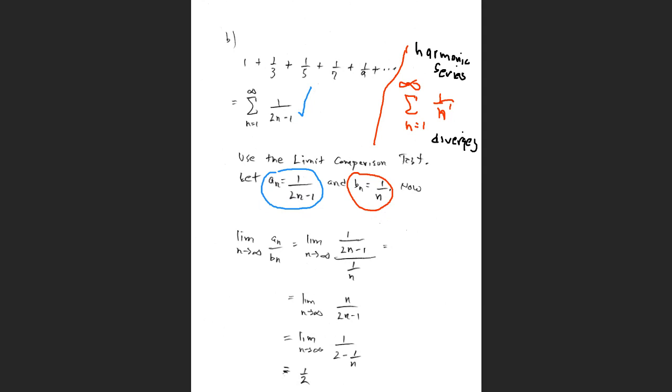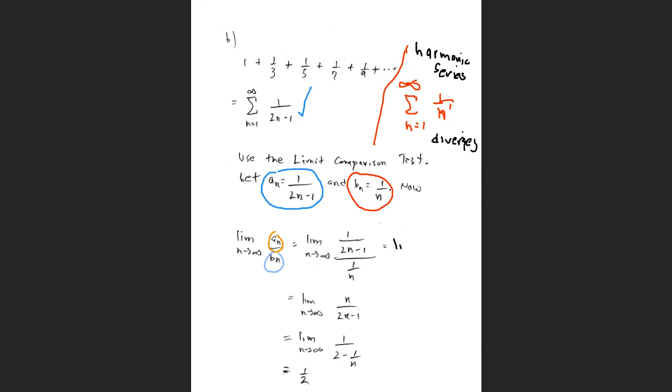Now look at what I'm going to do. I'm going to take the terms of our series and divide it by the terms of a harmonic series. Okay, and I guess we can put in a few details here.